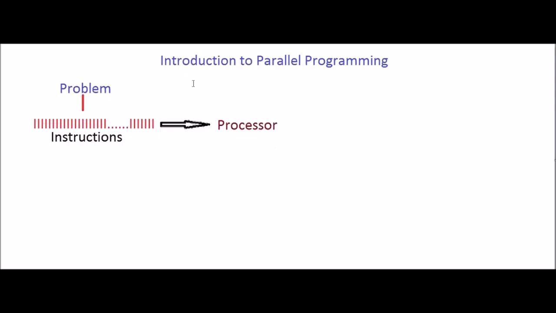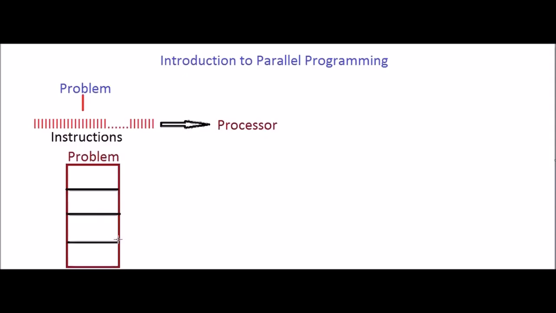Yes, this is right, that we are not enhancing the speed of the processor, but we are enhancing the execution of the instructions. So in that environment, once we have a problem, we decompose this problem into different independent sets, like this 1, 2, 3, 4.